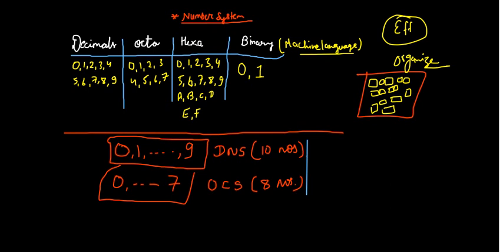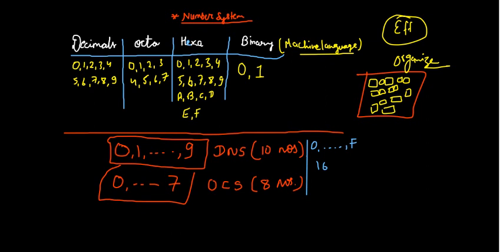Now let's see what the hexa number system is. This is E. Never get confused with that. We will encounter this thing many times. So the hexadecimal number system is 0 to F. What we are actually learning here is 16 numbers, 16 digits.